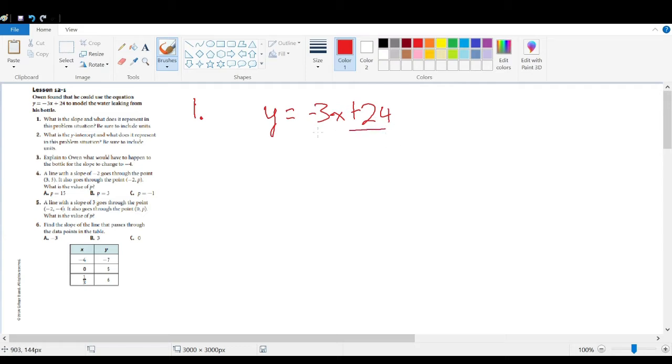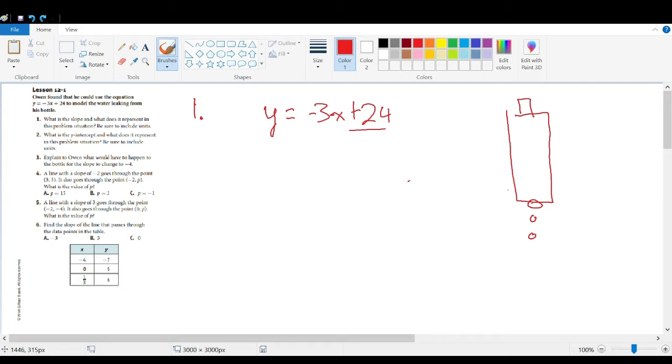They don't give a unit, and this is representing the water leaking from his bottle. So let's just quickly draw a bottle. Let's suppose this is his bottle, and they don't give units, so I'm just going to assume it's centimeters here. So let's suppose that there is a hole in his bottle and water is coming out of it.